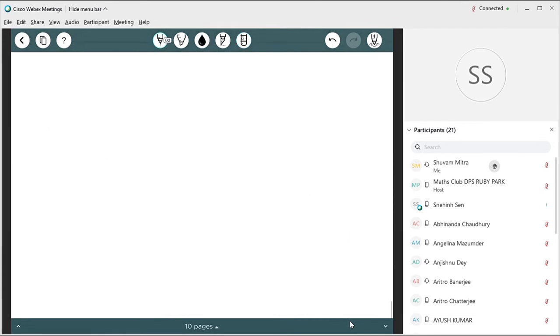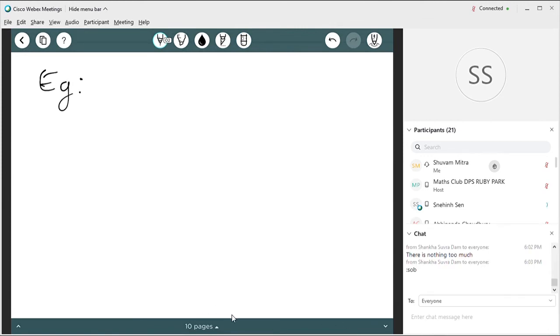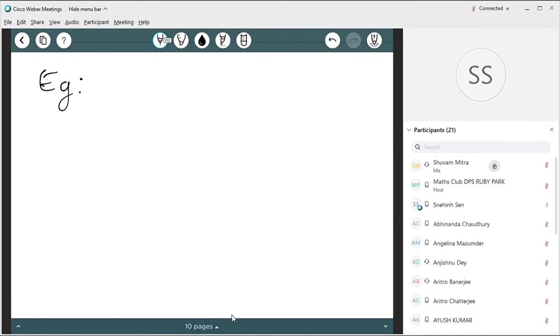Okay, let's look at another example, a far simpler one. This is straight from the assignment, by the way. It's far more simple compared to this one.